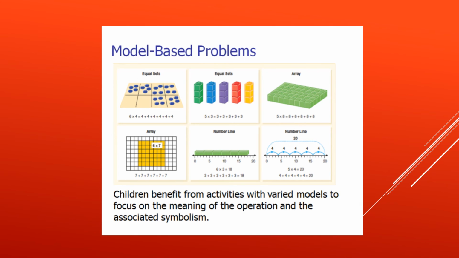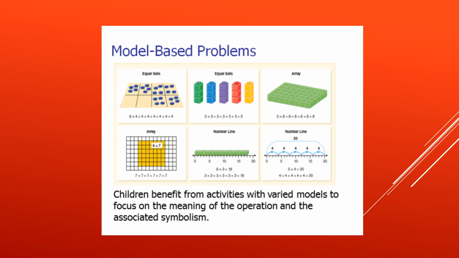So here are some examples for model-based problems, what you can do for multiplication and division, and it all has to do with equal sets. Arrays are very interesting because it reminds me of finding the area of something. So if the area is 6 feet times 12 feet, then you know that that is 60. But here you can actually do multiplication facts using arrays and number lines.